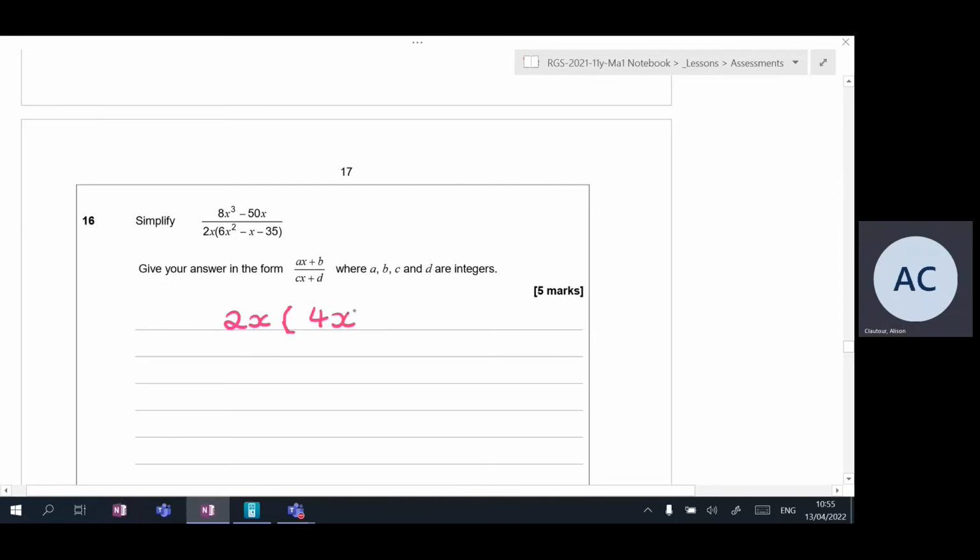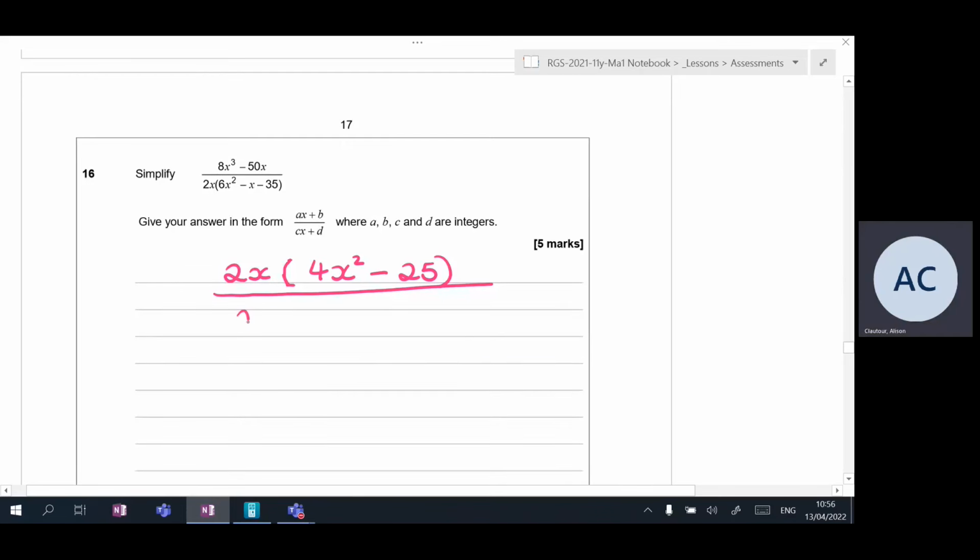That leaves me with 4x squared minus 25. And I've also got 2x. I'm just going to leave this one for the minute, but obviously we should be able to factorise it. Okay, so now I can see that my 2x and my 2x cancel out.